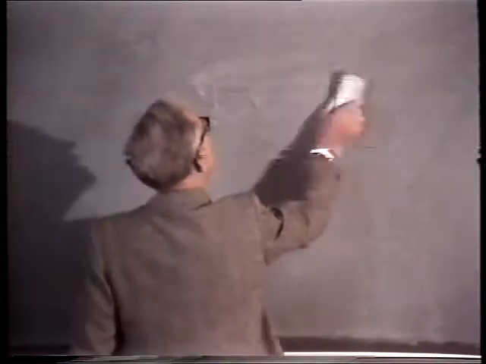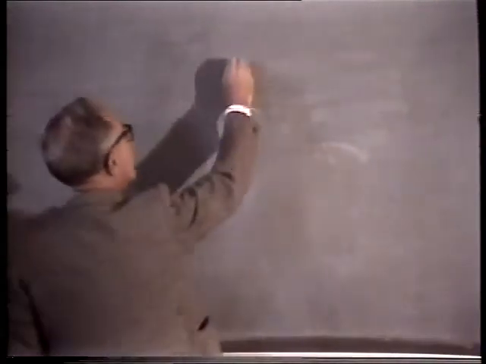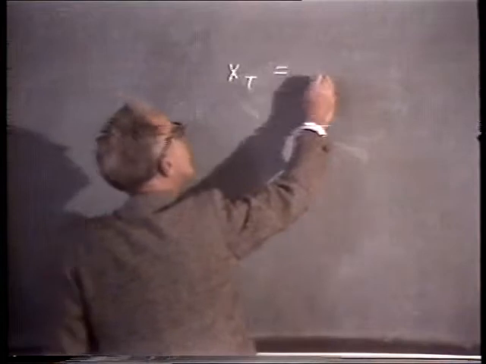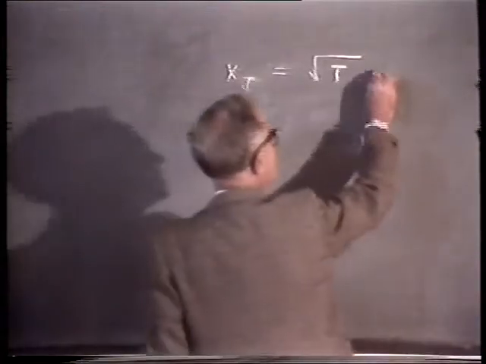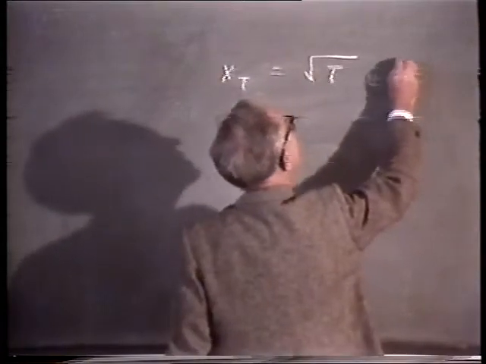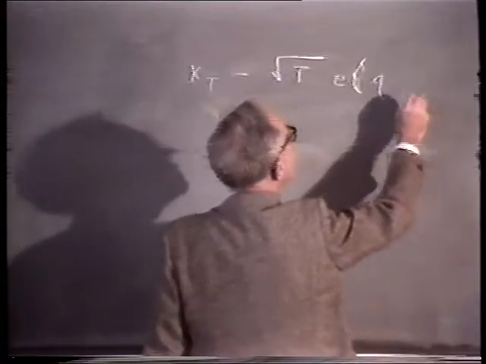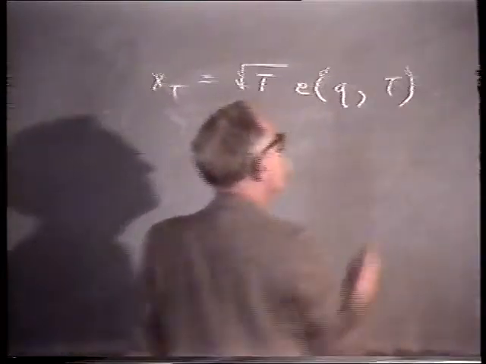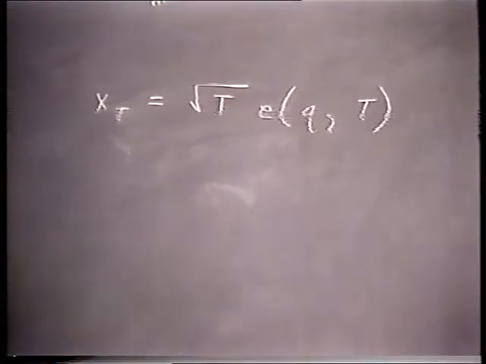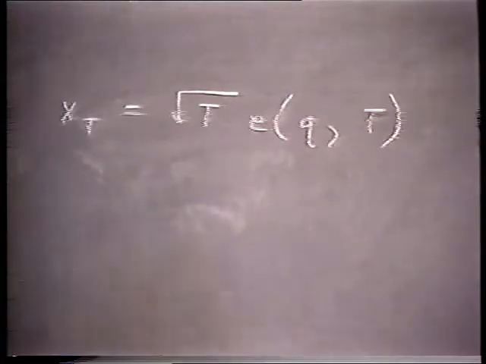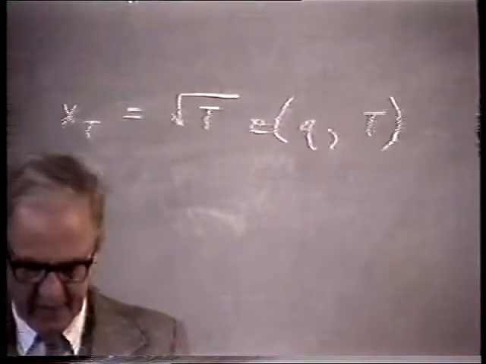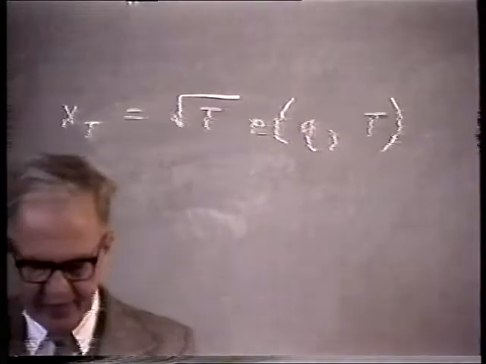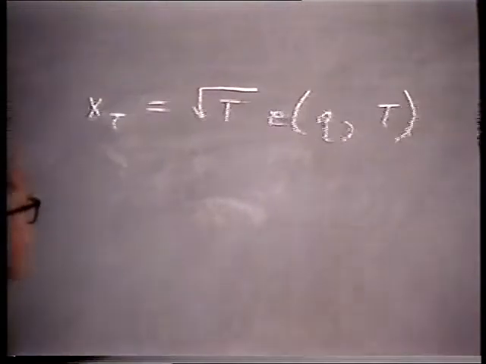statistic. And my own notation in this field is that what one is looking at is an X_T, which is given by square root of T, and then some general function, e, which stands for error, in fact. Here's the mnemonic there, Q_T. The vector Q is a set of second moment variables, data second moments.